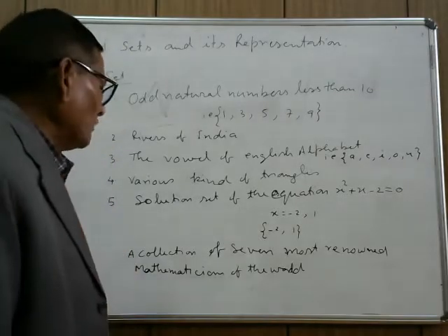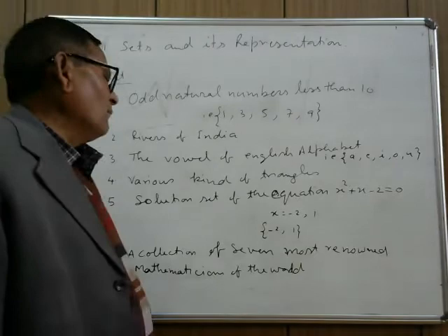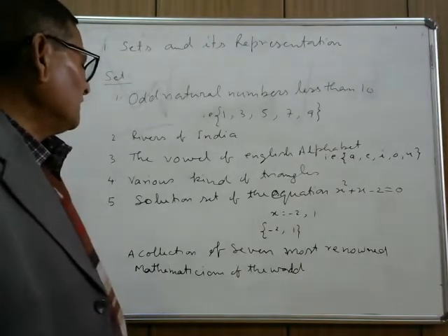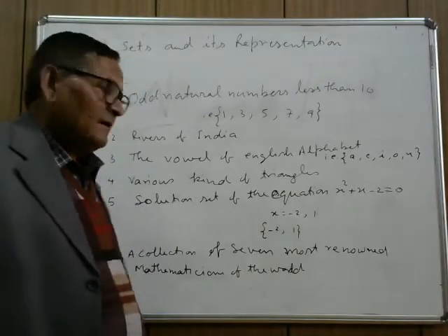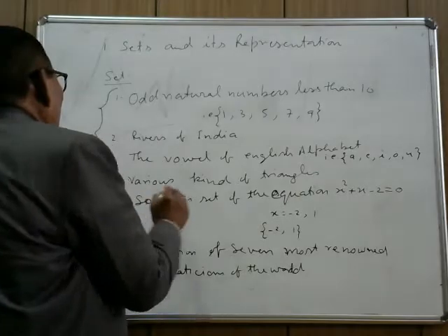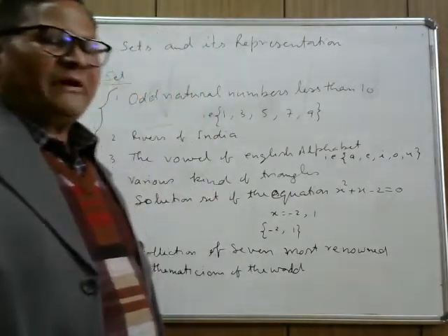So this word most we cannot define in that way. This collection of seven most renowned mathematicians of the world is not well defined. And in the other cases, the 5 examples of collections which I gave you previously are well defined.